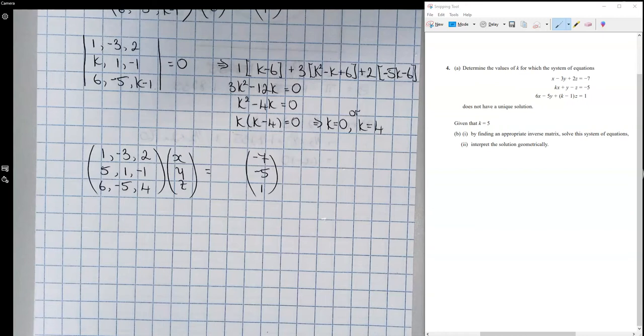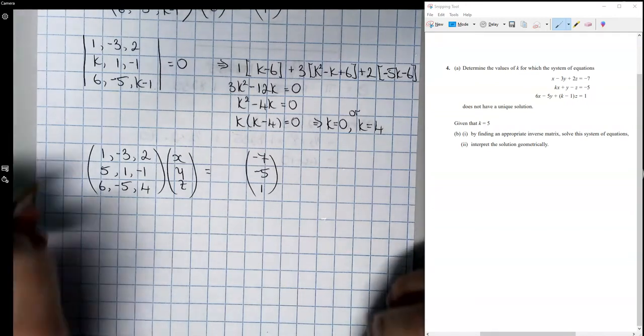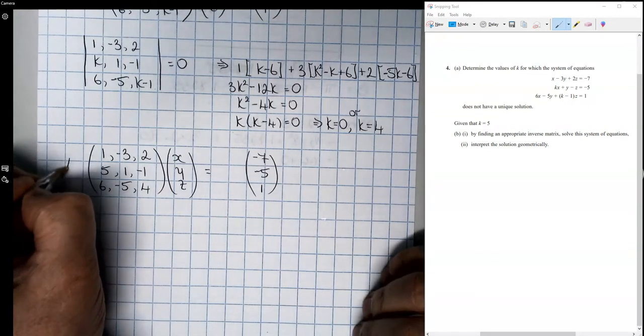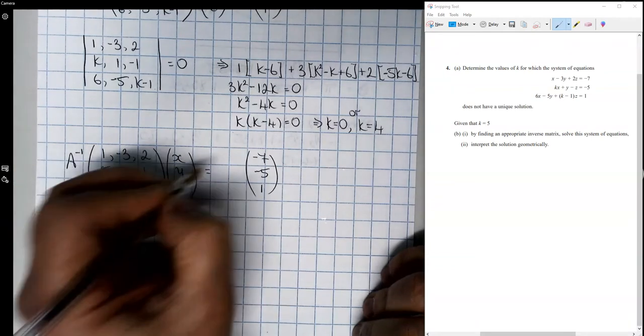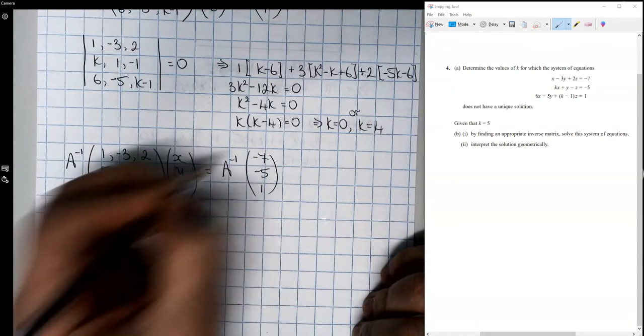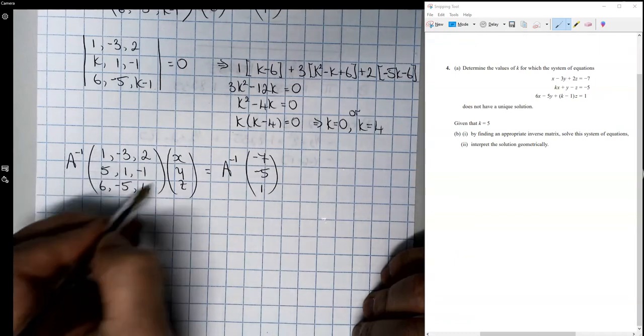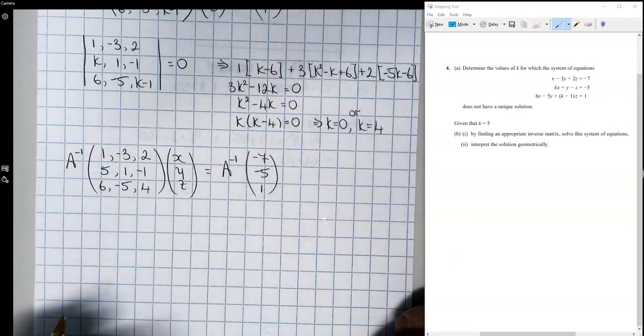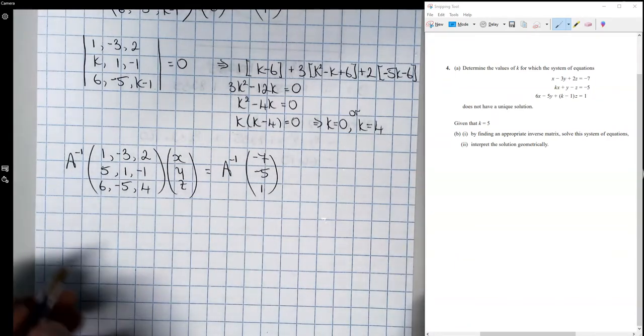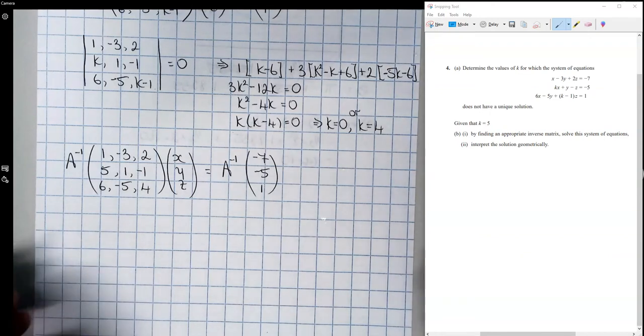Okay, and we're going to find the inverse matrix, and in effect put, I'll call it A, the inverse matrix there, and the inverse matrix there, and these two will give the identity, and we'll get x, y, z. Now the inverse matrix we can find on our calculators.